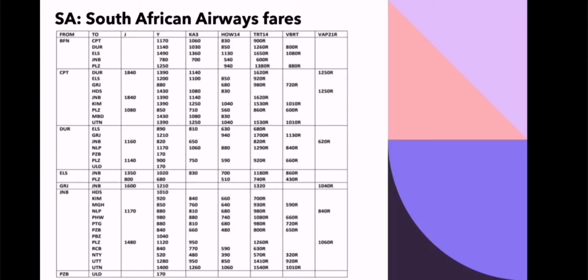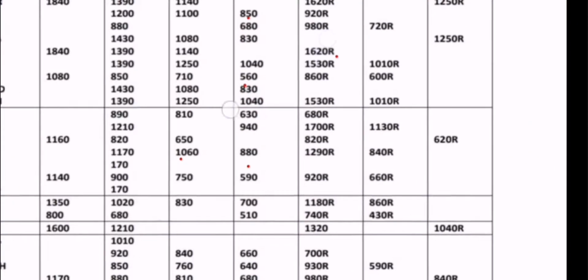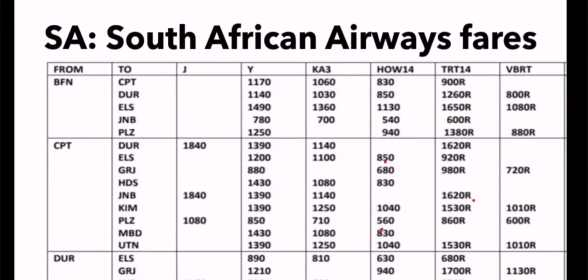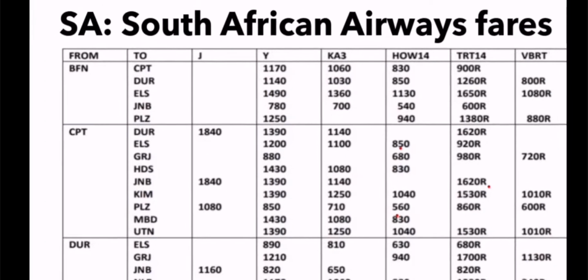The same thing applies for South African Airways. These are now the South African Airways fares. The South African Airways fares include pretty much the same information. The only difference is the layout that they used. So if we take a closer look at South African Airways, you will see that on this part it says from.